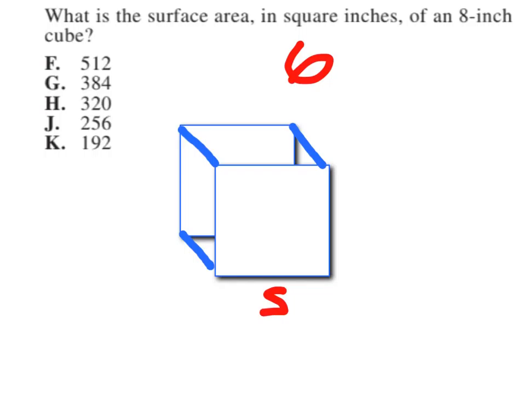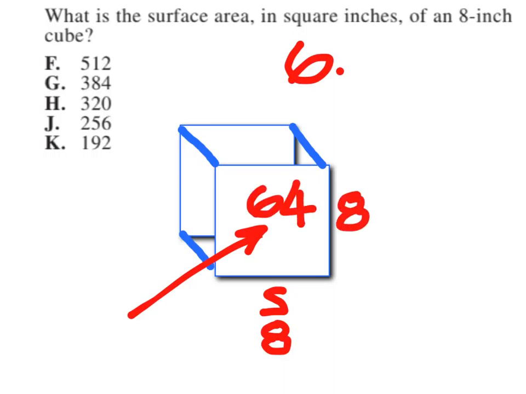What's the surface area of just one side? What would I do? Yeah, 8 times 8, that's right. So 8 times 8 is 64 for one side, so I multiply it by 6 and come up with 384.